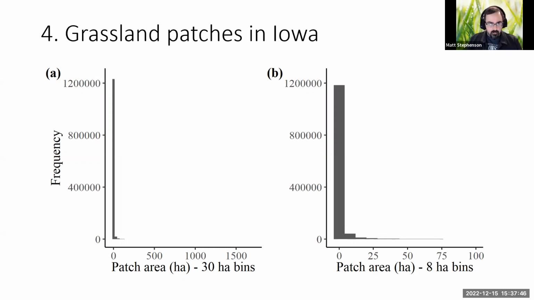Doing a quick survey of patch sizes in Iowa, the minimum patch size needed to be included in the large patch category in our study was 8 hectares, but our two larger reference sites had about 30 hectare patches. On the left here, you can see 96% of the grass patches in Iowa are smaller than 30 hectares, and quite a number of them are smaller than 8 hectares.